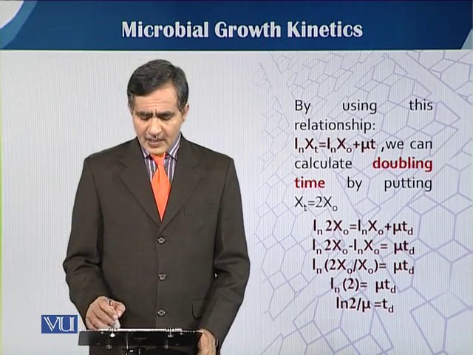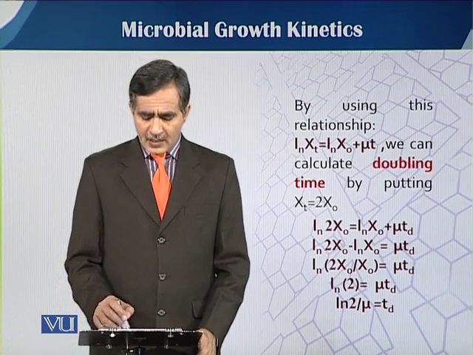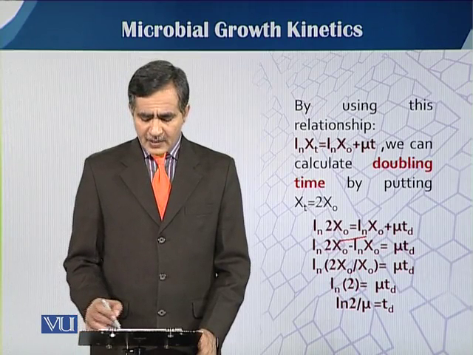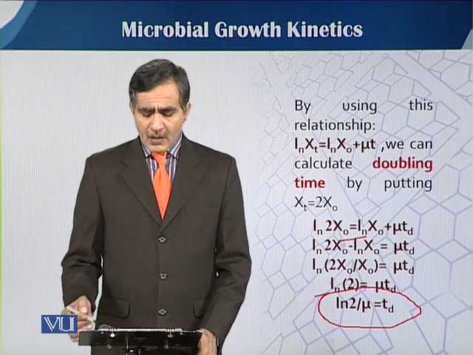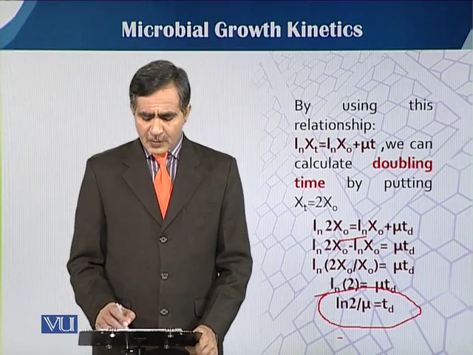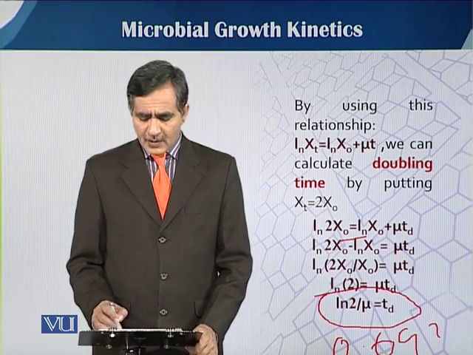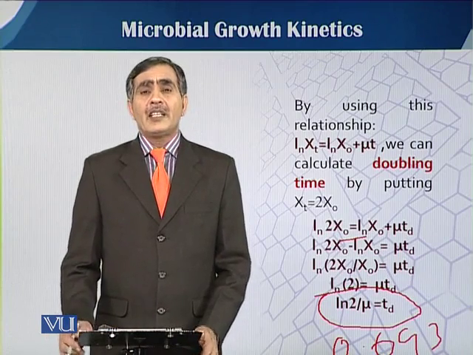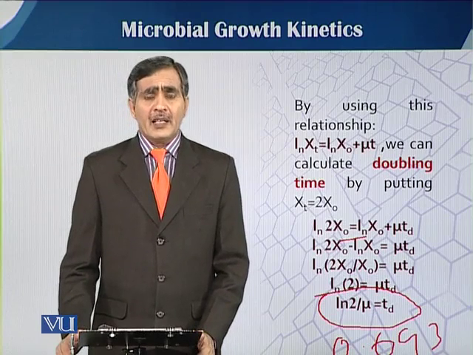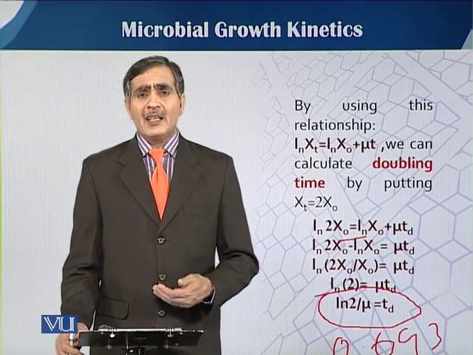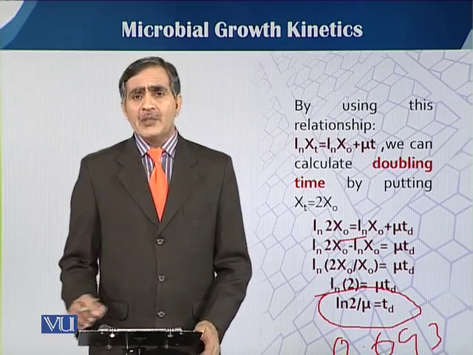Simply, when we put this 2x naught, there is an equation, and we already know that ln 2 is 0.693. So if we know the specific growth rate constant of any organism, then we can easily calculate the doubling time by using this equation.